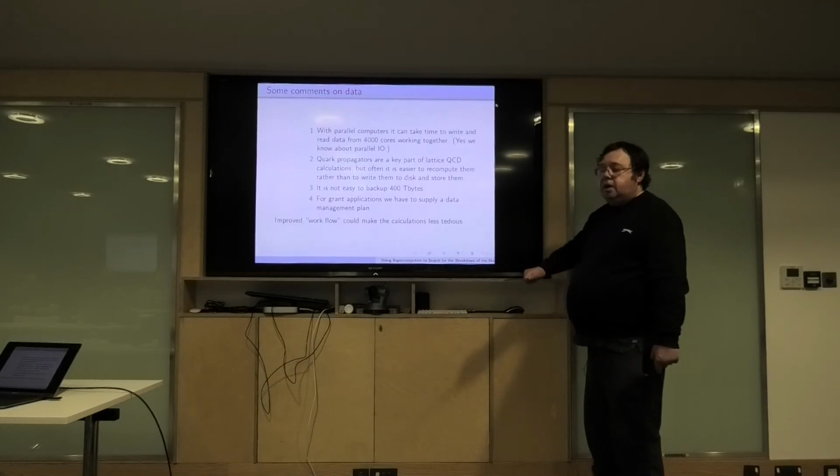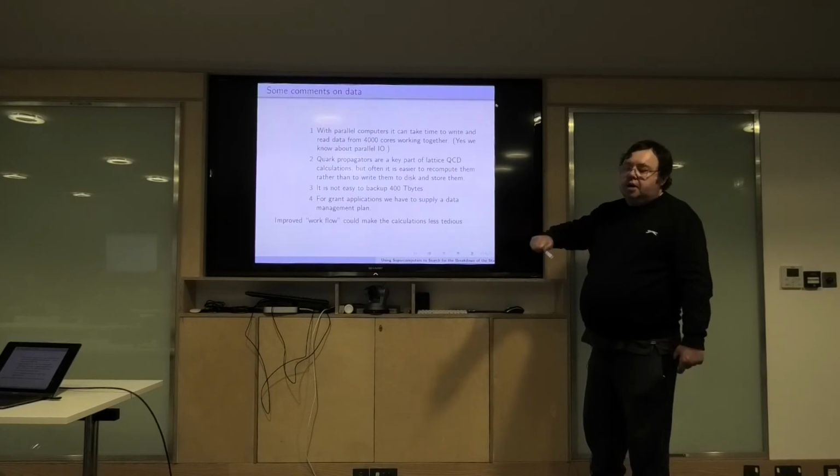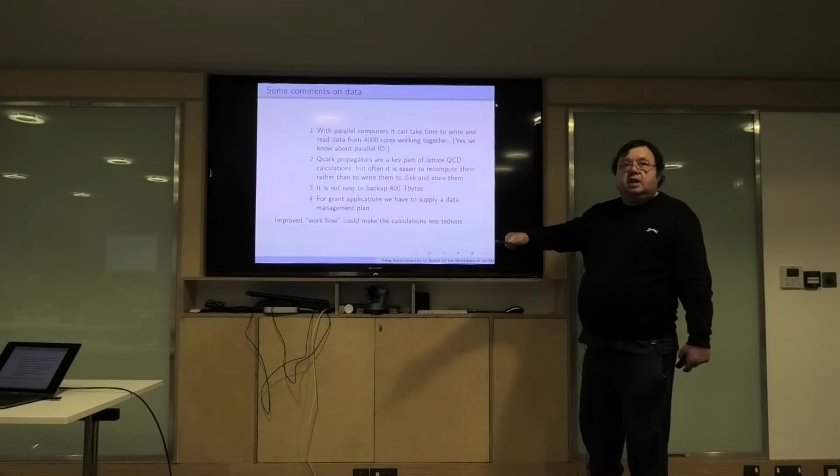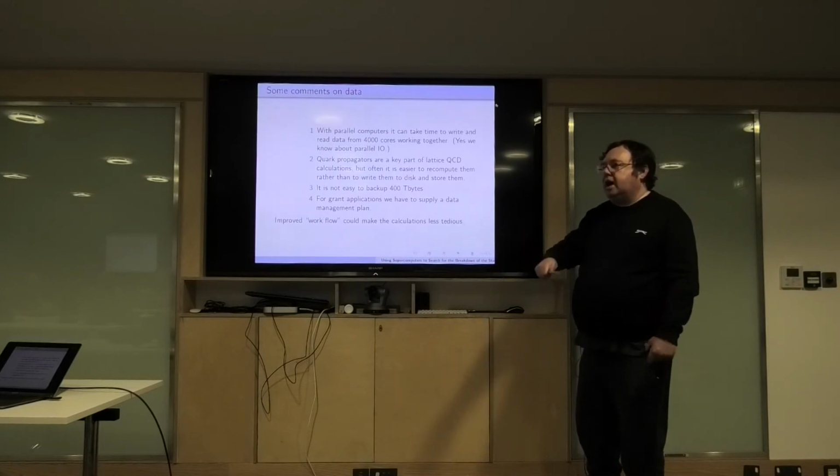Also, there's an issue with computation. Some of the key parts of the calculation are called quark propagators. It doesn't really matter what they are. But sometimes I recompute them rather than write them out to disk, because it's just a pain. It's more data, and I've got to copy it around.